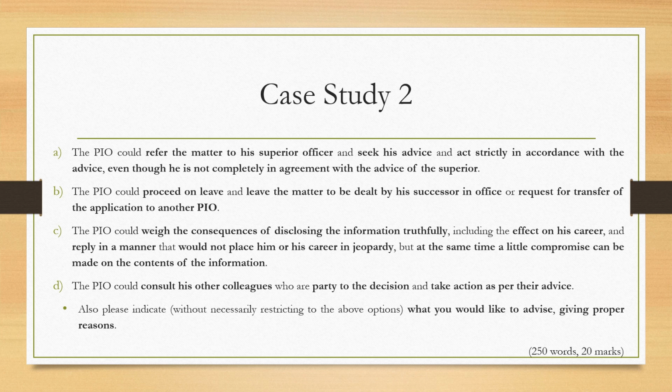So now here you have some scope to show your decision making abilities. You have to indicate what you would like to advise, giving proper reasons. So your advice as well as reasons. And you don't have to restrict yourself to the above four options which are already given in the question, right?